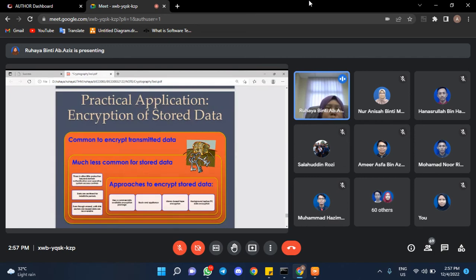Practical application of stored data: it is common to encrypt transmitted data, much less common for stored data. So for the use of encryption, cryptography, you have to think where or when you want to use that. Tak adalah semua benda you nak encrypt kan. Apa yang you hantar, maksudnya password you dah encrypt kan. Lepas tu semua benda kat dalam sistem you dan information dalam tu pun you nak encrypt kan.